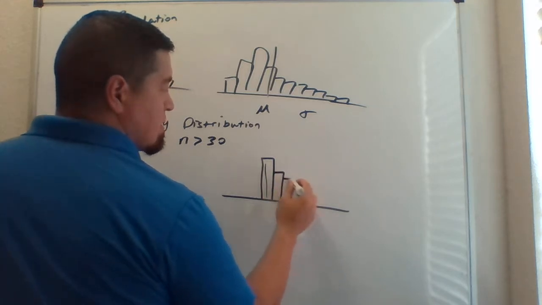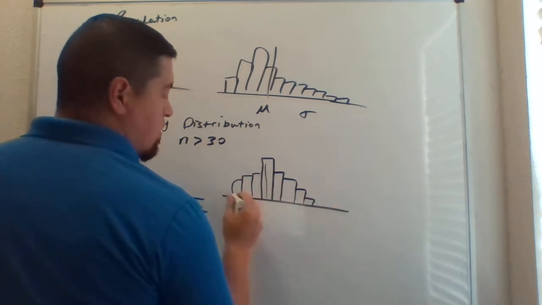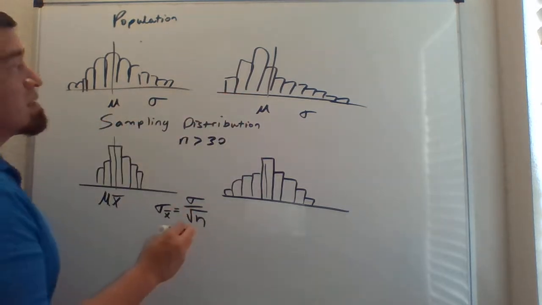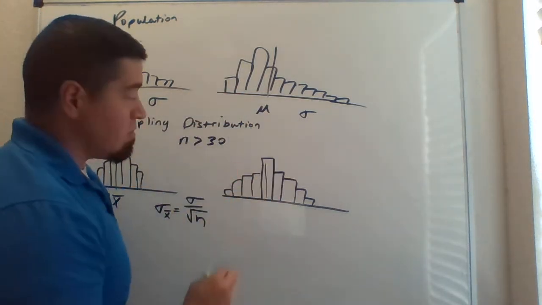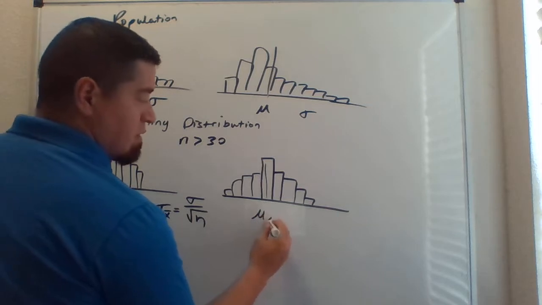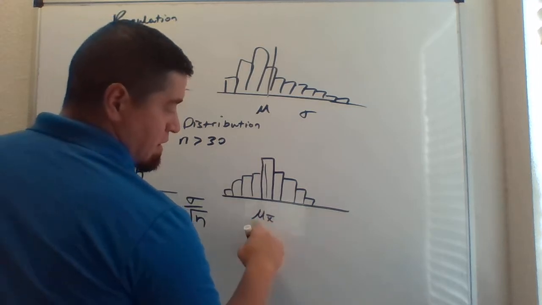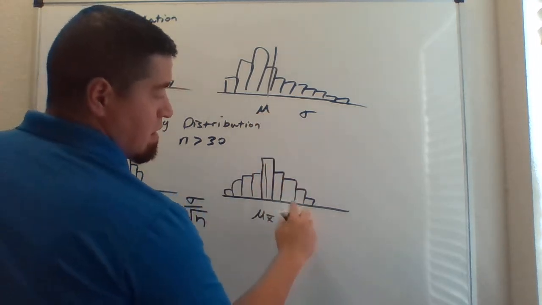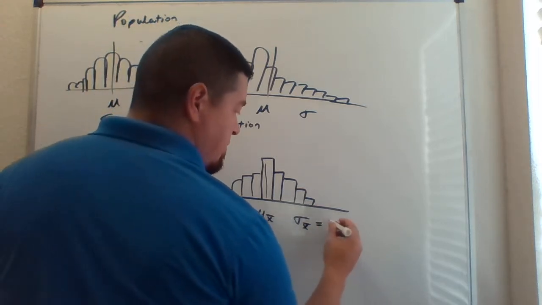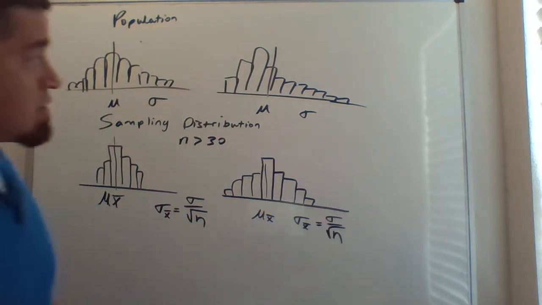A few will be higher, and a few will be lower. But overall, even if it comes from a skewed right population, the sampling distribution will still be roughly symmetrical, or normally distributed, with the mean of all the possible x bars of size 40 being the mean of the population. Also, the standard deviation of those sample means will be the original standard deviation divided by the square root of n. Okay, so that's the calculation.